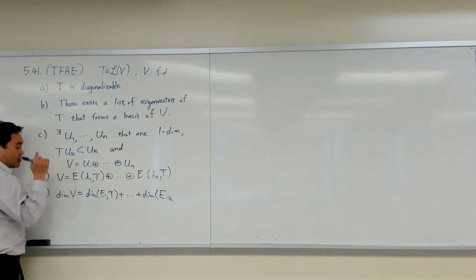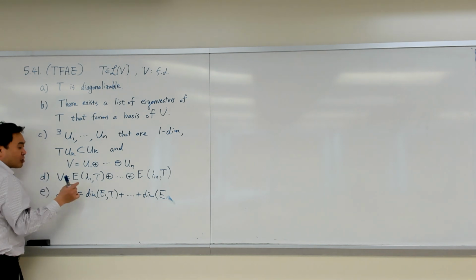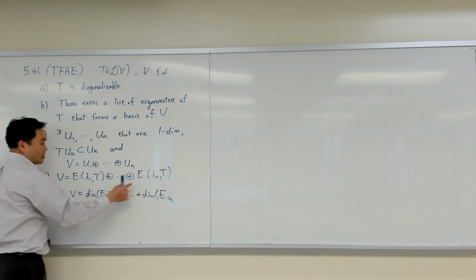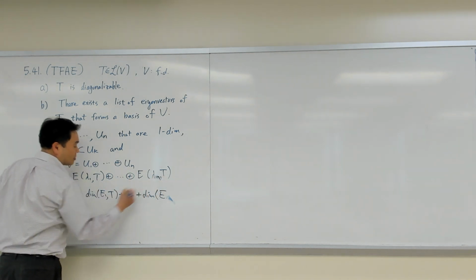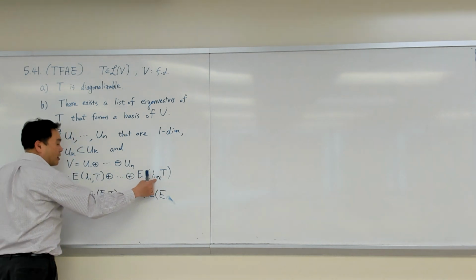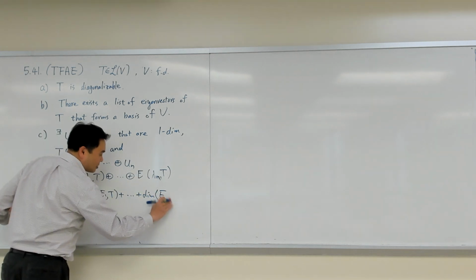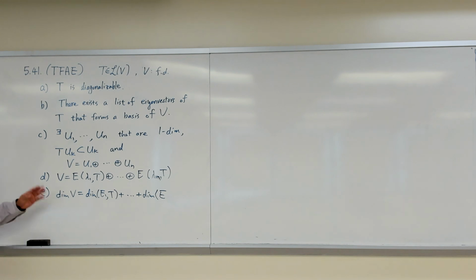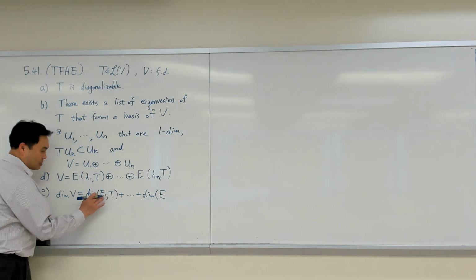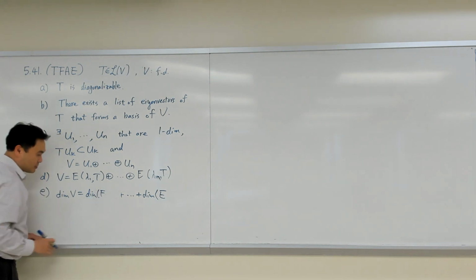In some other books they would define E of lambda 1, T as E1 and E of lambda m as Em. Sorry, kind of got confused. Right? So this is wrong too. Sorry.